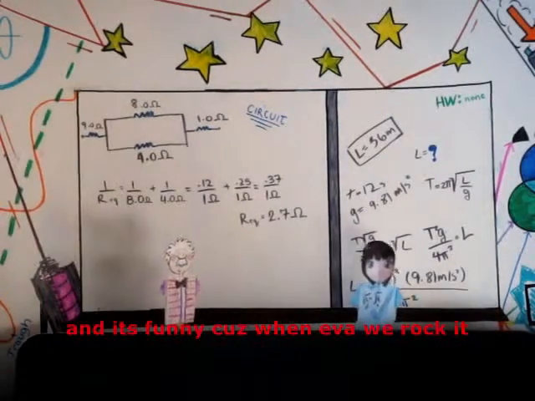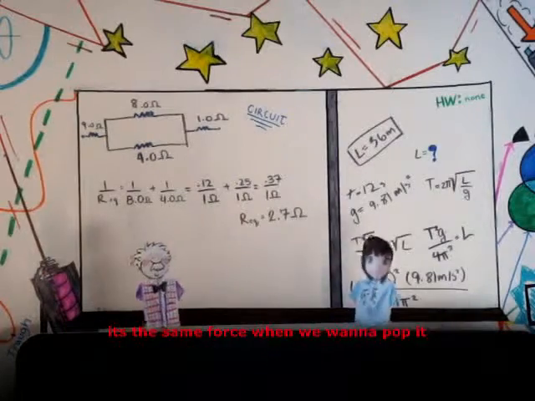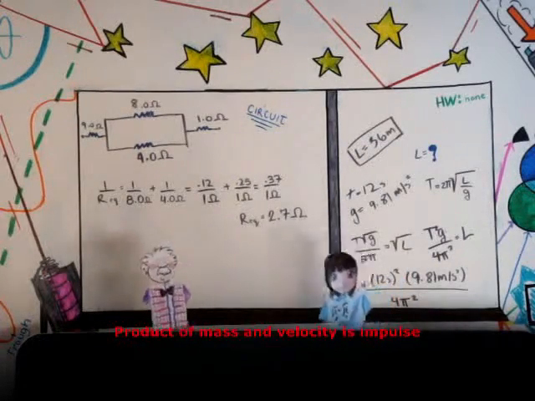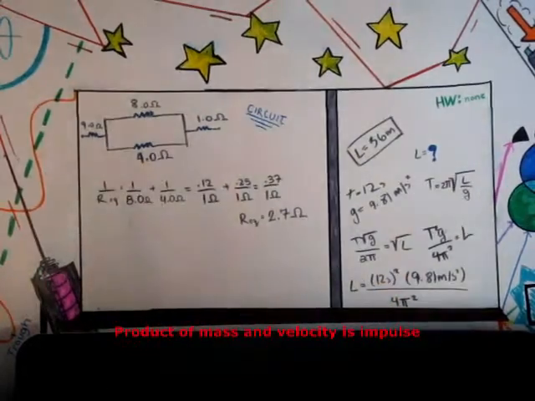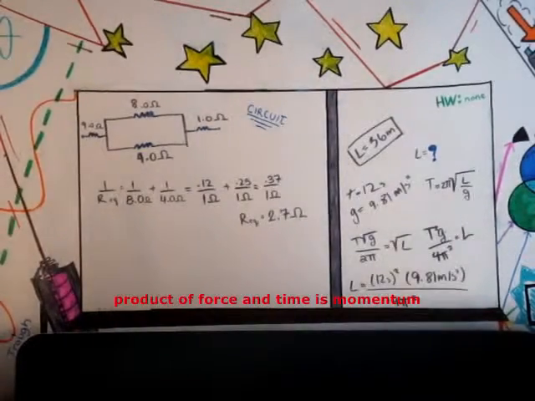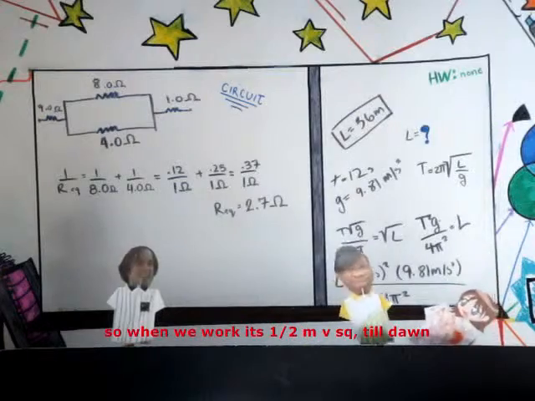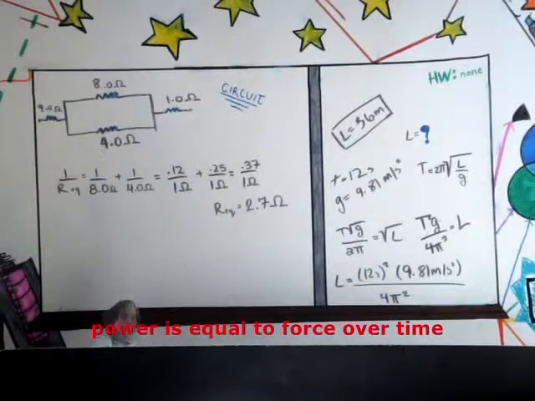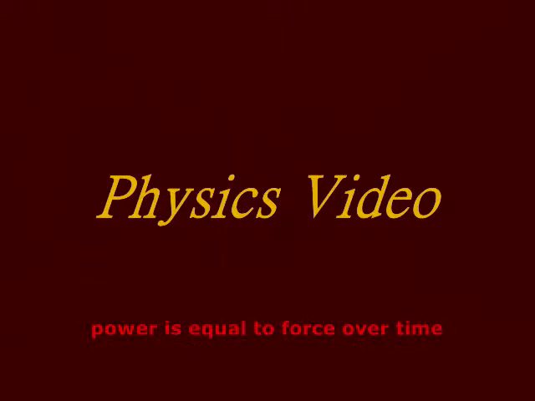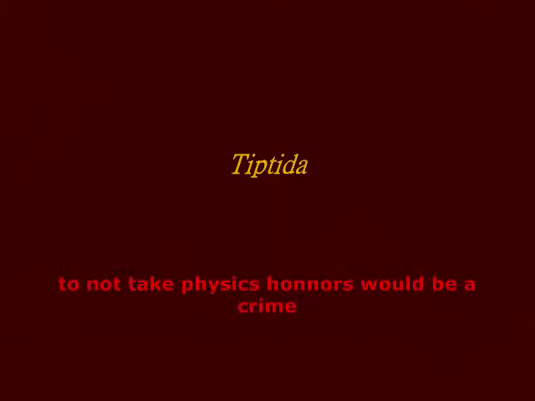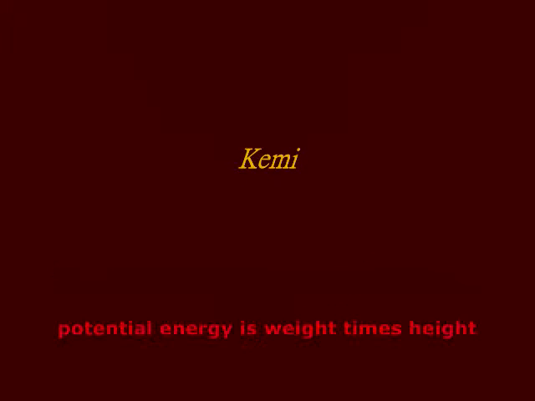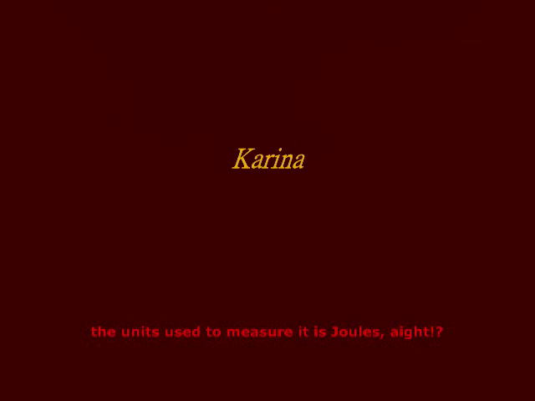Velocity is impulse over time is momentum. Power is equal to force over time. To not take physics honors would be a crime. Potential energy is weight times height. The unit used to measure it is joules. Alright?